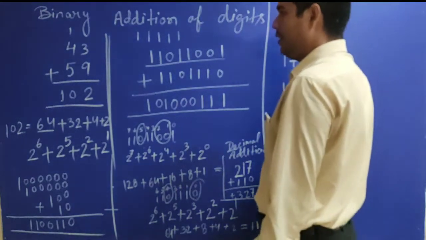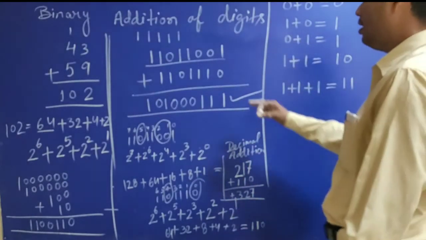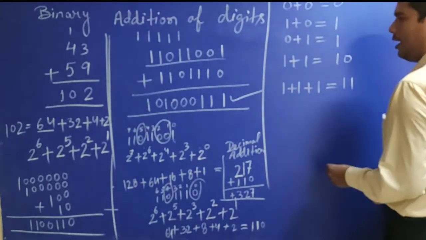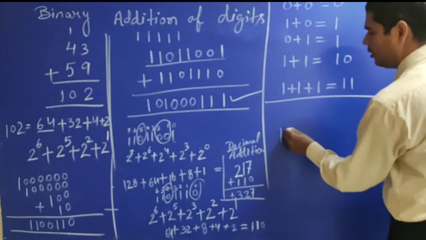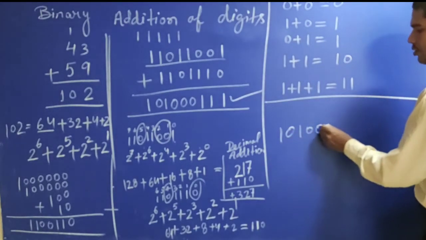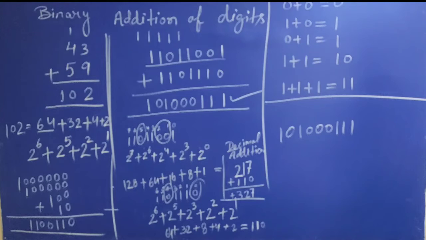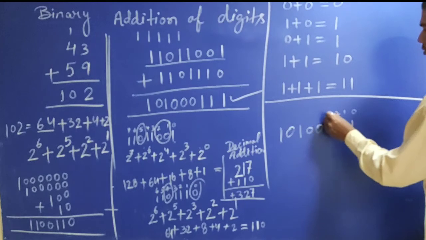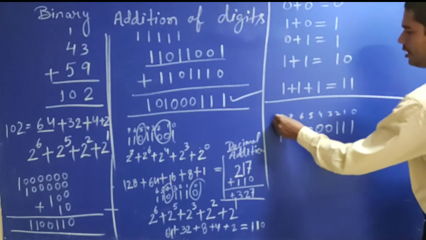Now we got the result as this. So we also convert this number into a decimal number. The number is 101000111, and we will put the positional values 0, 1, 2, 3, 4, 5, 6, 7 and 8.